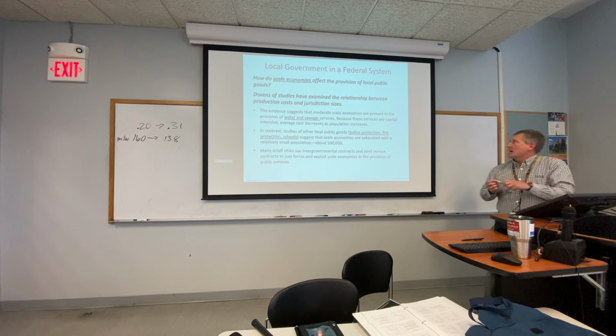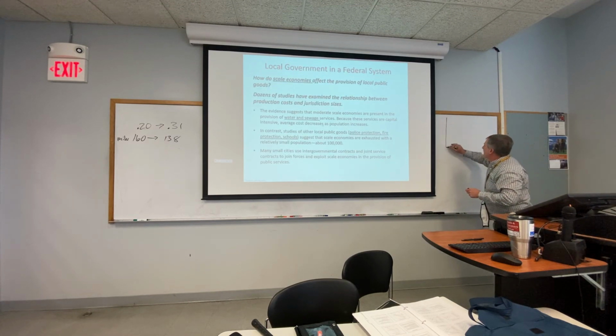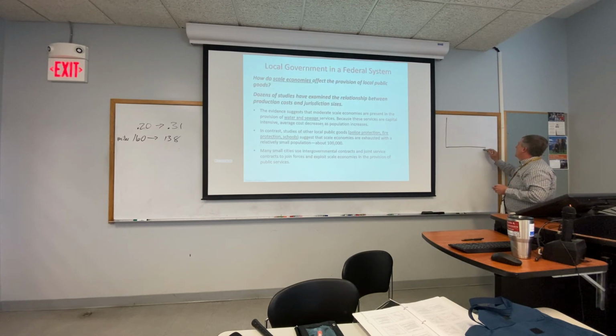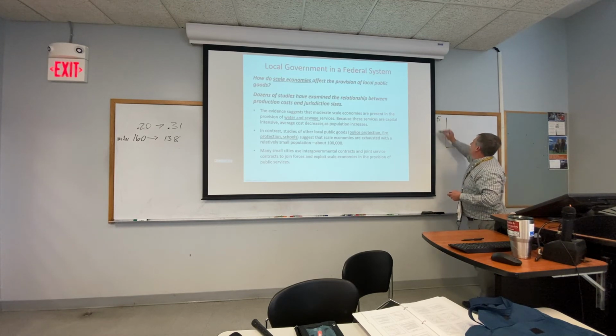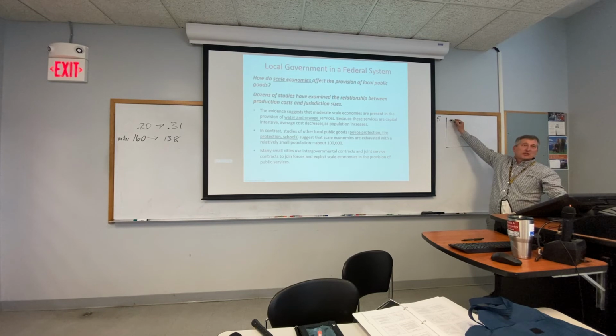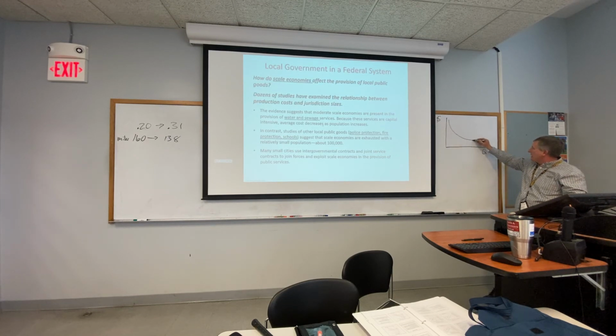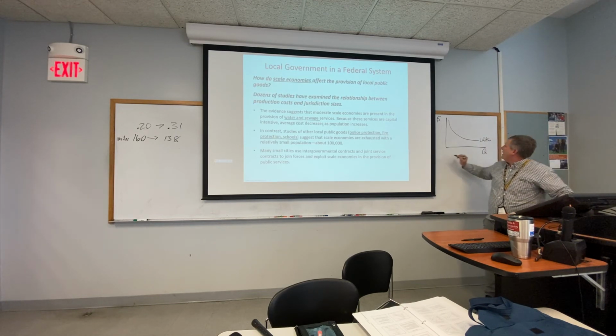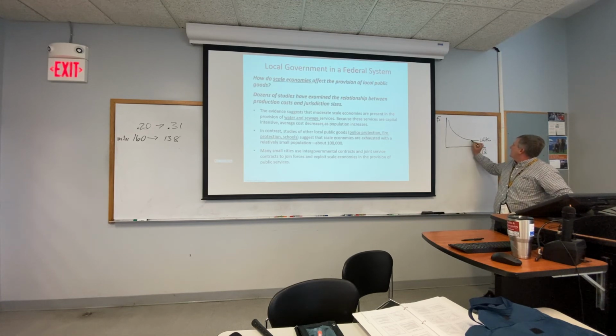So with scale economies, let's walk through what Carlos said. What does that picture look like? Long run average cost is doing this. Okay. So long run average cost looks like this. And so what happens at about 100,000 is that the scale economies kind of disappear.